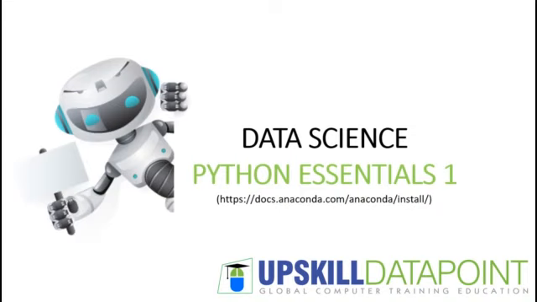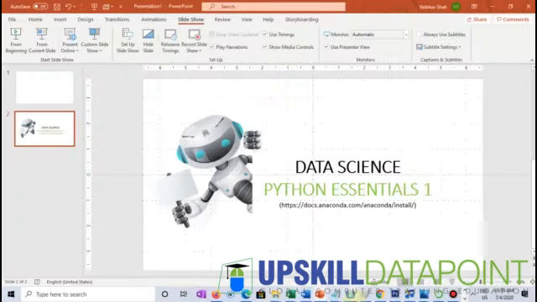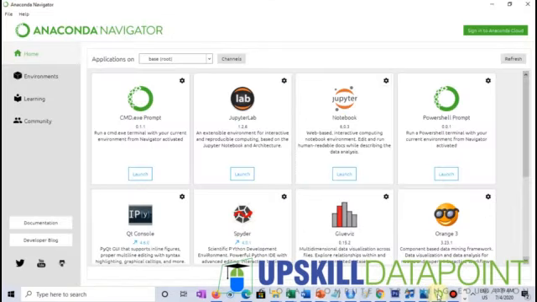It's actually a very useful package manager, which contains all the useful data science libraries. And once you install it, the interface looks somewhat like this. And we have here an icon which is for launching Jupyter Notebook. You can launch it via command prompt also. I will be showing you that too later on.